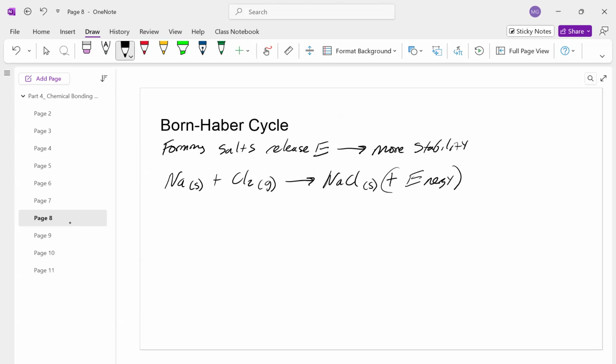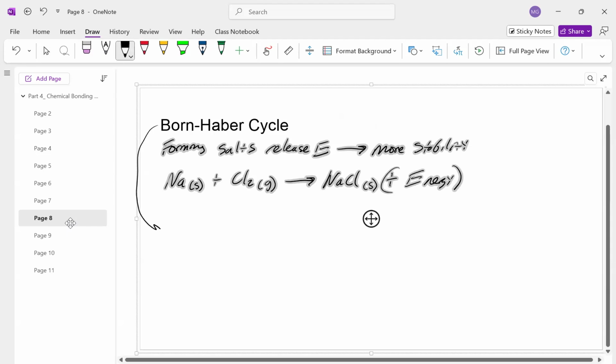Now, that energy, what we call from the previous page lattice energy, is difficult to determine. We have to go through a roundabout way to actually determine the lattice energy of an ionic compound. This is where we use something known as the Born-Haber cycle. I'm going to introduce this now, and then a few units down the road, I'm going to dive deeper into it. So I'm going to do a very cursory glance, and then we will dive a lot deeper later.